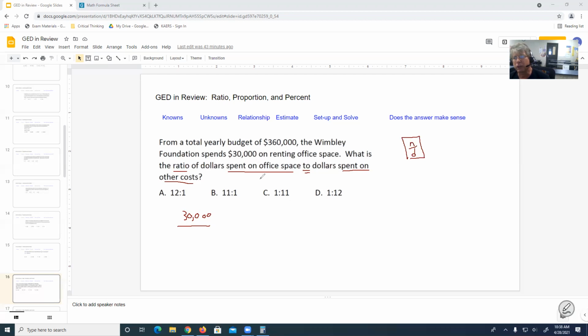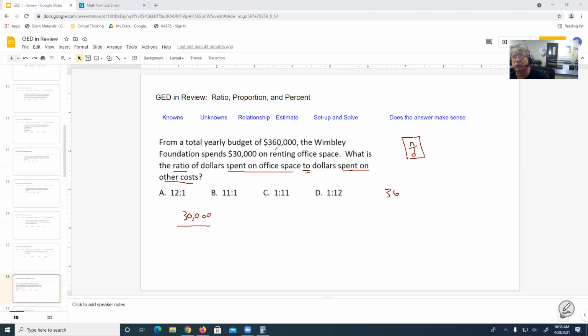I would still have to subtract 30,000 from the 360,000. Okay, that always happens when you don't want it to. So again, we're trying to find this other cost.